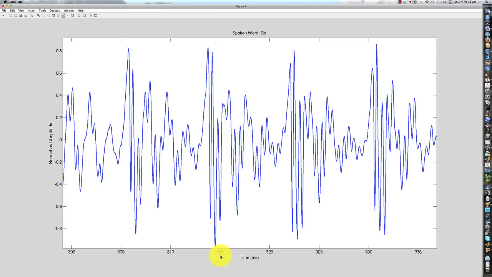And the period is approximately, let's just go from this negative peak here, this looks like it's occurring, let's just round off to 314 milliseconds. And then this one here looks like it's about 323.